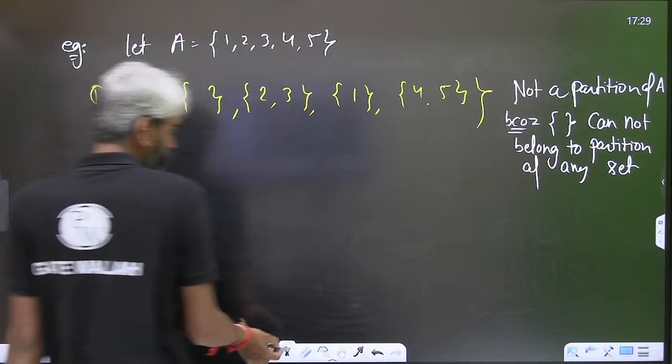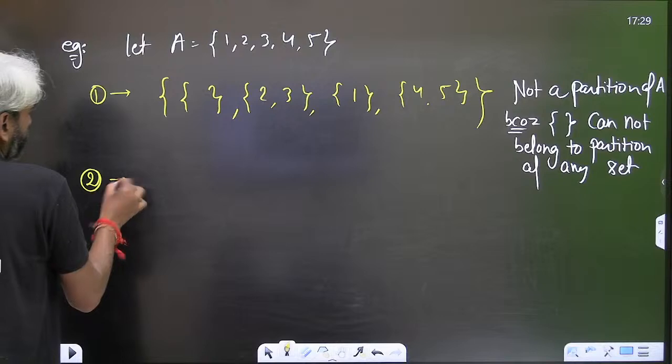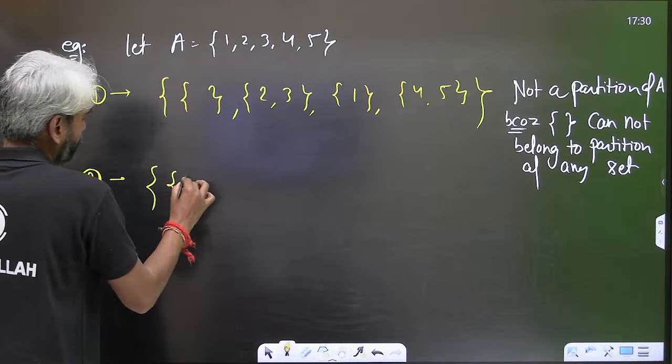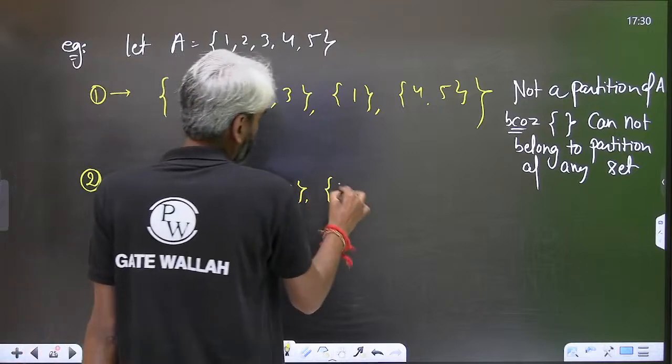We just said non-empty subsets. I'm not saying the set itself cannot be empty, but an empty set cannot belong to a partition. Second, let's assume it's non-empty, but if I say 1, 2, 3, 4, 4, 5.